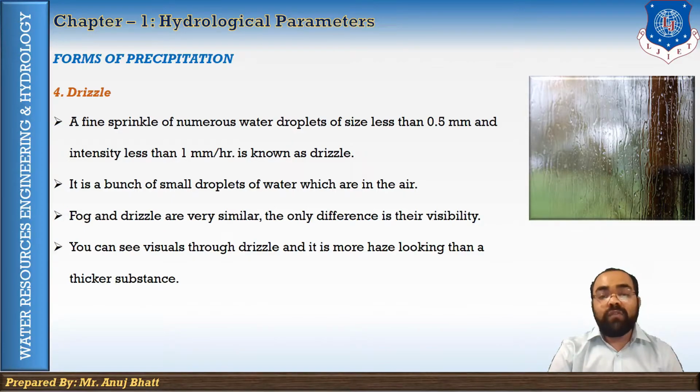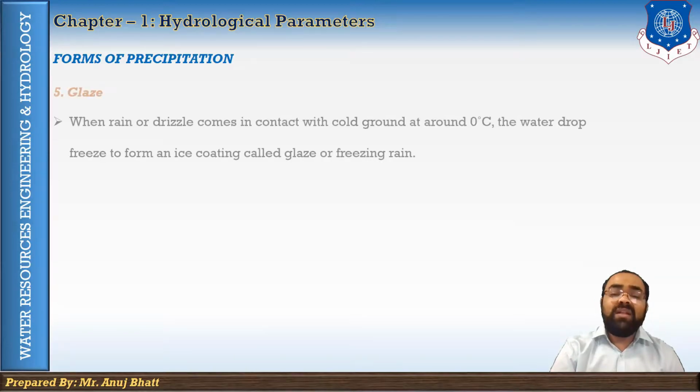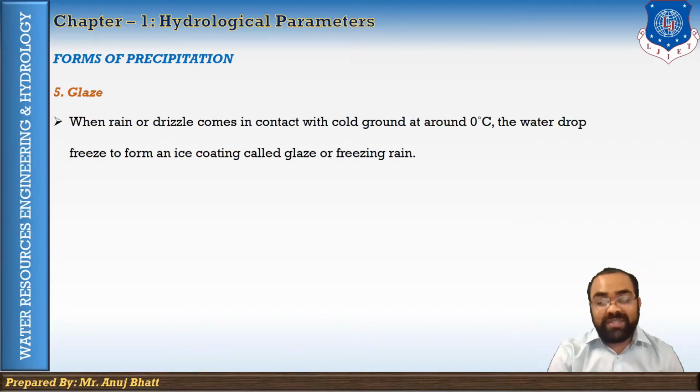The next form of precipitation is glaze. When rain or drizzle comes in contact with cold ground at around 0 degrees Celsius, the water drops freeze to form an ice coating that is called glaze, or freezing rain.